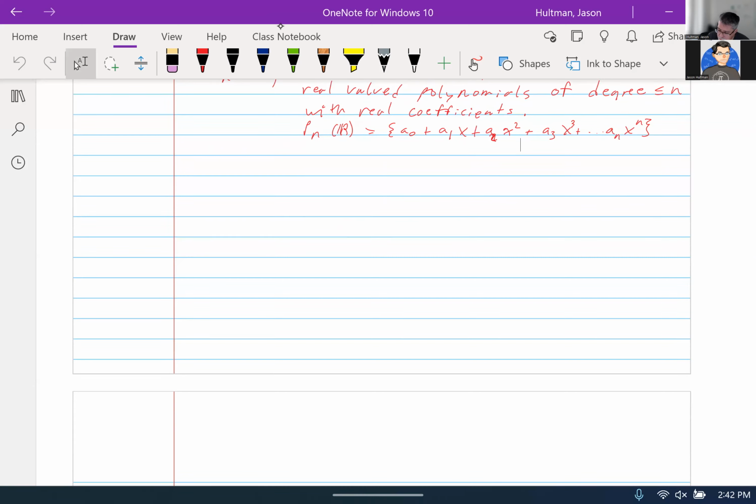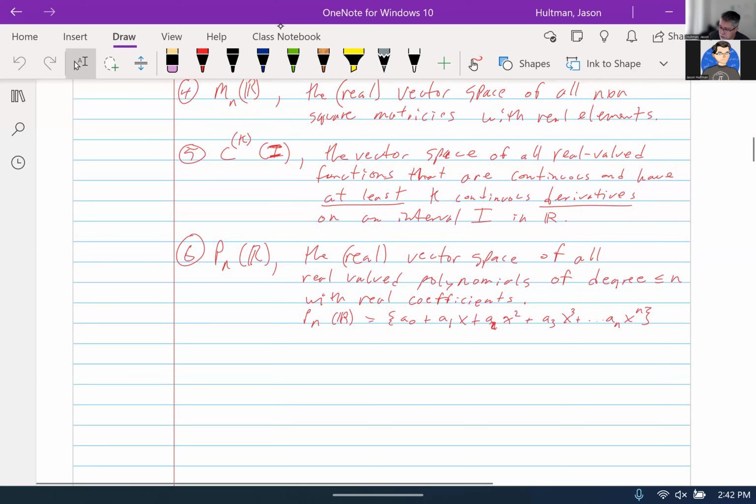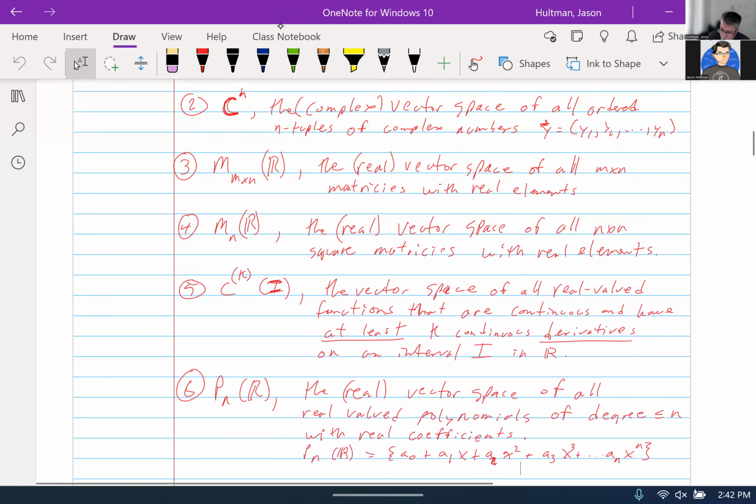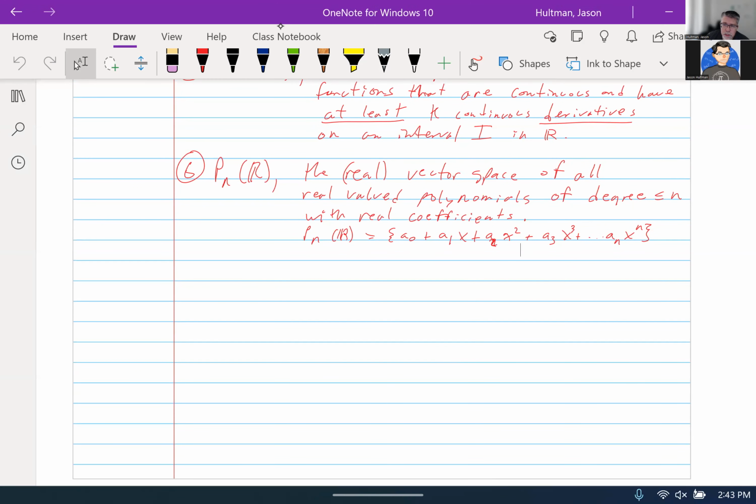And this list is not exhaustive, by the way. There are as many vector spaces out there as you can think of. You can come up with some function and define addition as, and we'll see this later, adding two integrals together, or multiplying by 3 and then adding 2, defined as some strange sort of vector addition operation.